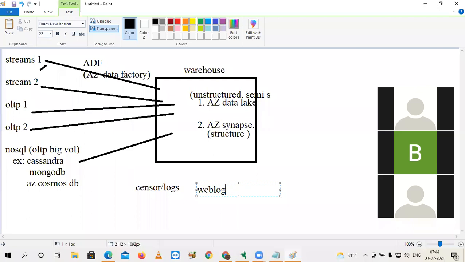But how to capture those rapidly generated streams? There is a special product, especially in Azure, for this, that is Azure Streaming. If you talk about a modern data warehouse, you have two major components: one is Azure Synapse, the second is Azure Data Lake.